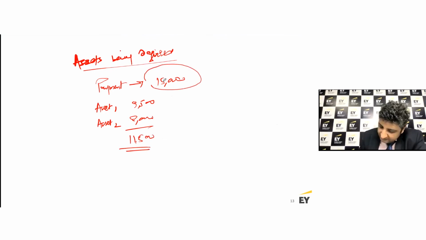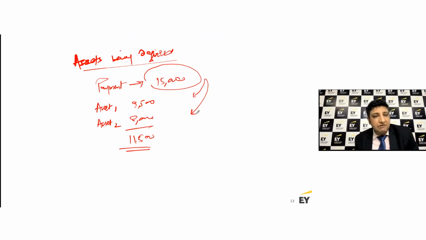This 15,000 would be allocated on the basis of the respective fair values of these assets, when it is an acquisition of an asset and not a business. This entire 15,000 will be allocated to asset 1 and asset 2 in proportion of their fair values.